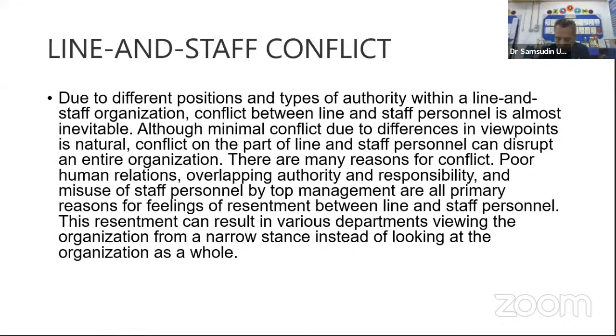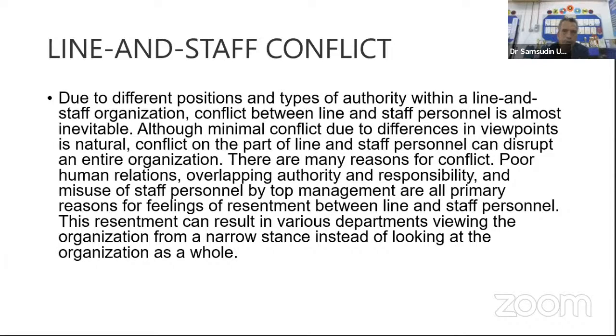As I mentioned to you at the beginning, most of the time we fail to understand the conceptual meaning of line and staff authority, line and staff roles in the organization structure, because this will cause a conflict in the organization.